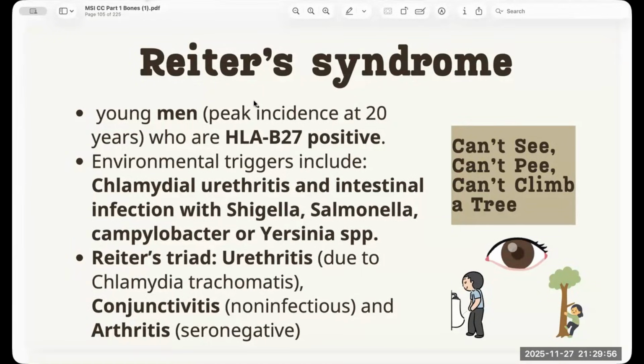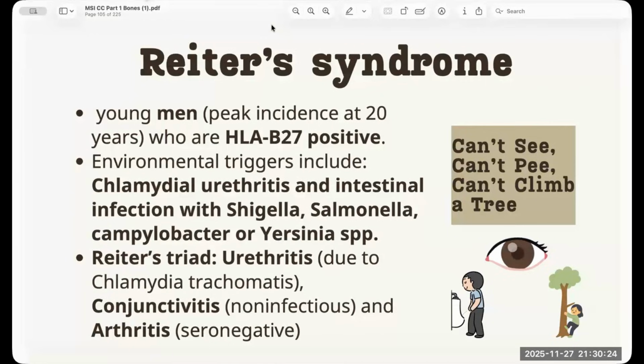The environmental triggers include chlamydial urethritis, and intestinal infection with Shigella, Salmonella, Campylobacter, or Yersinia species. Now, you guys just finished POD. You'd know better than me here. But basically, what we mean is that there will be an infection which will trigger the disease. Okay?